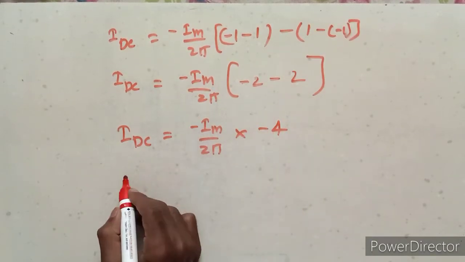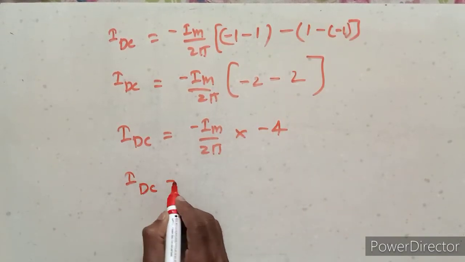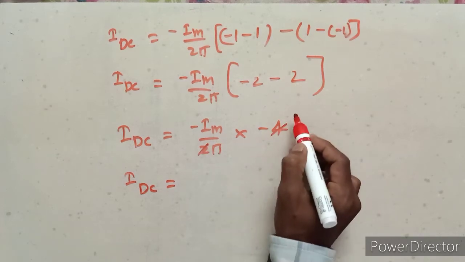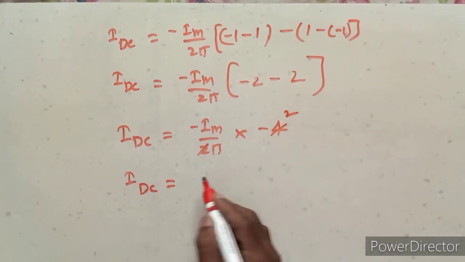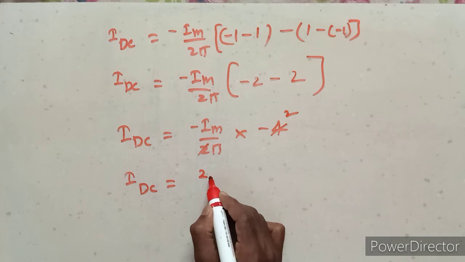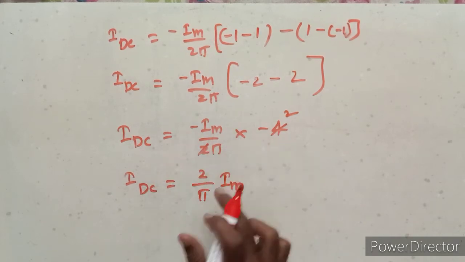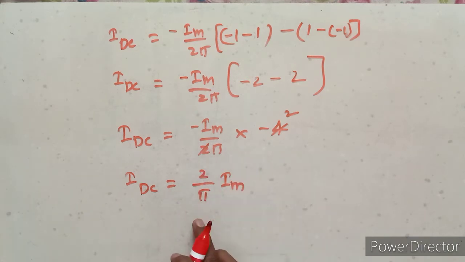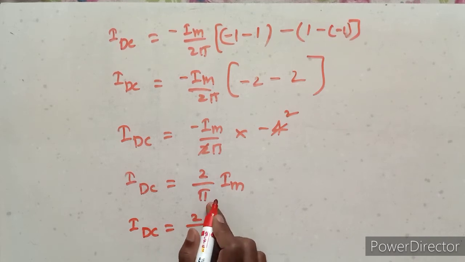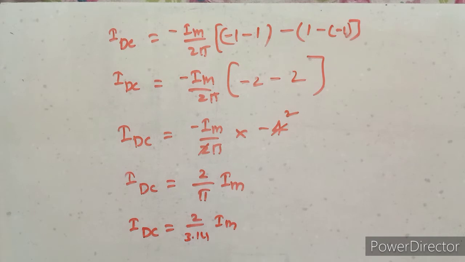So minus into minus is plus, and the DC value of the current equals 2 upon pi into Im. This can be written as the DC value of the current equals 2 upon pi, where pi is 3.14, into Im.